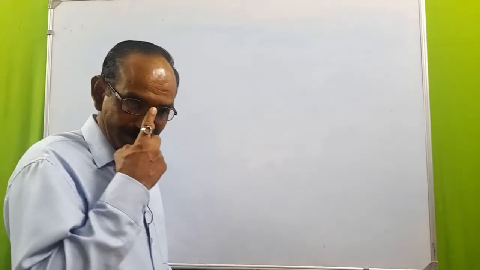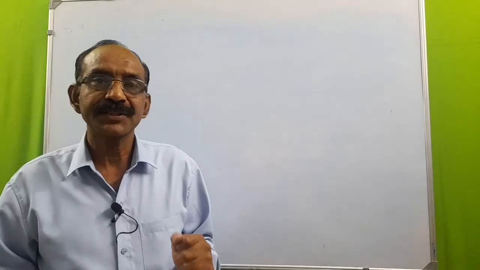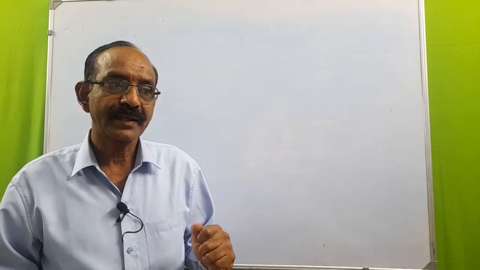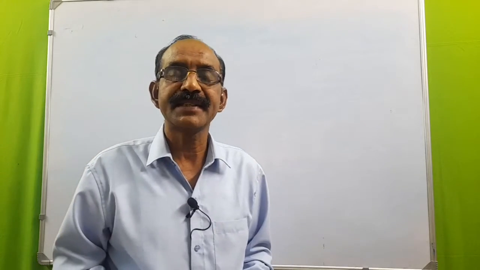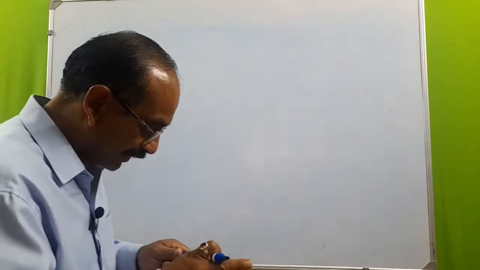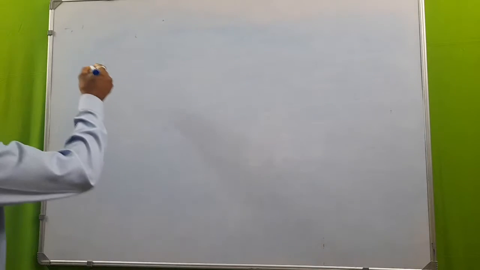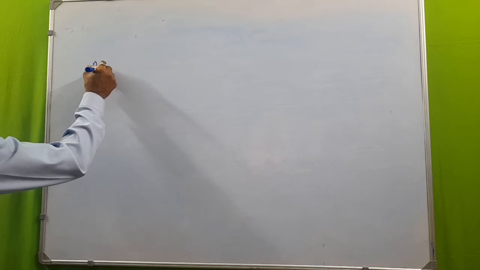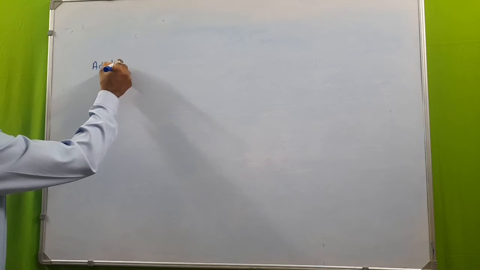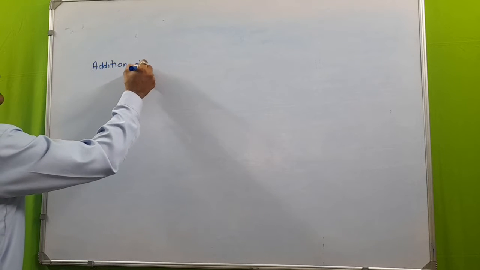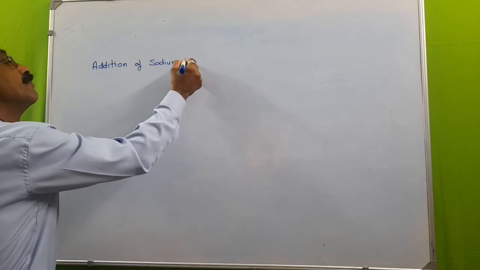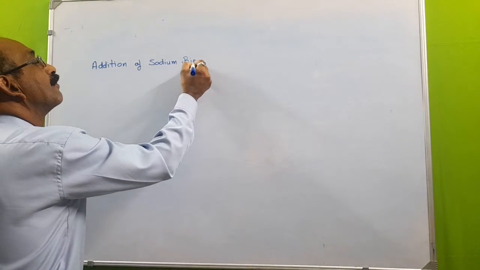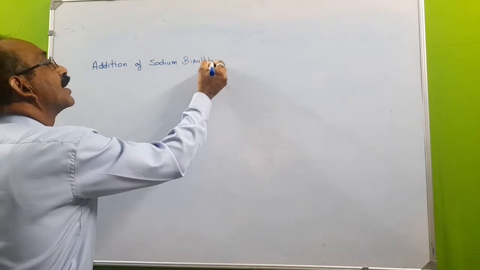Hello students. So today we'll discuss one chemical reaction which can be used as a test for the detection of aldehydes and ketones. And that one is the addition of sodium bisulfite.